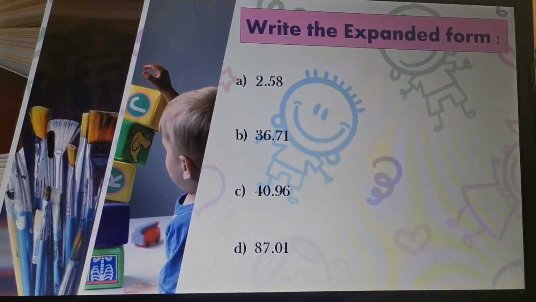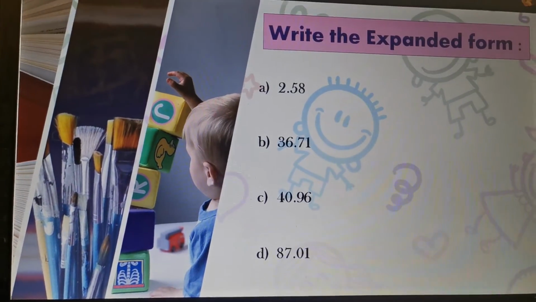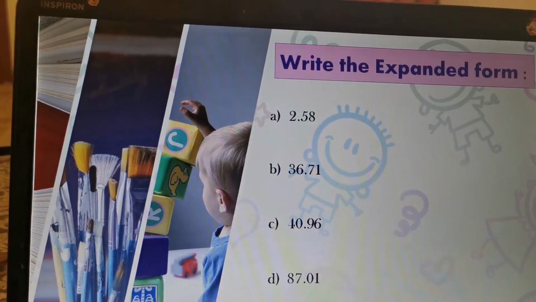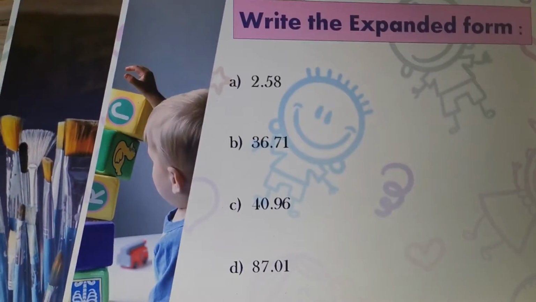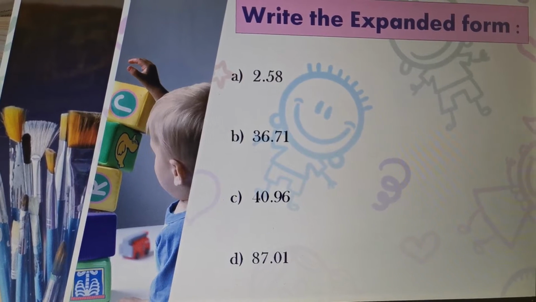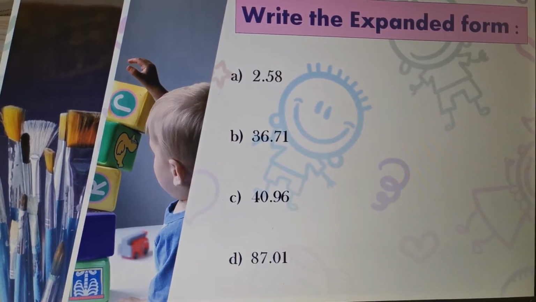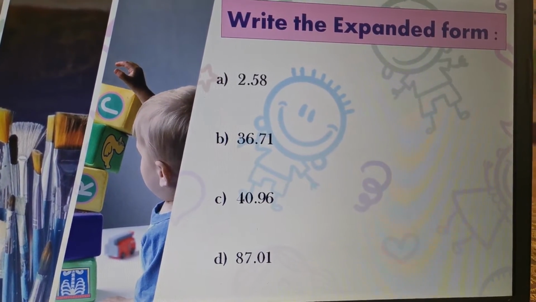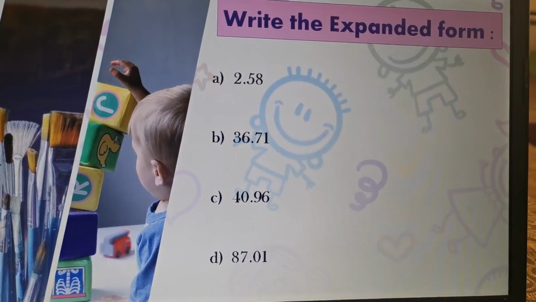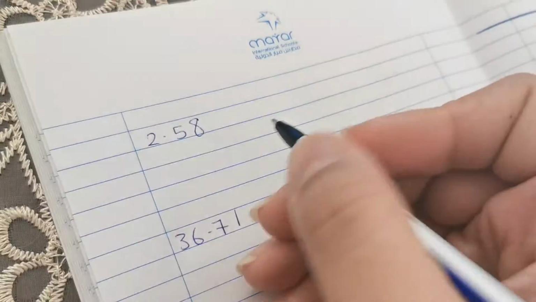Let's try doing the expanded form for these numbers. Giving you time while I'm writing them in my notebook to see how. Let's start with the first one. 258.